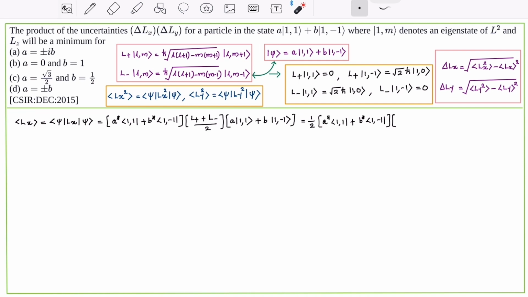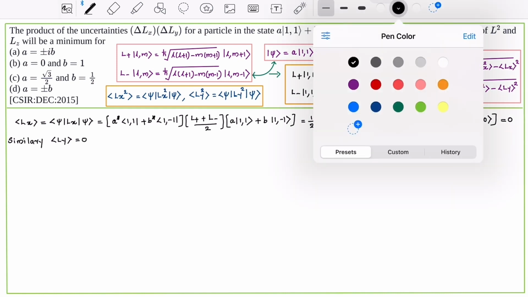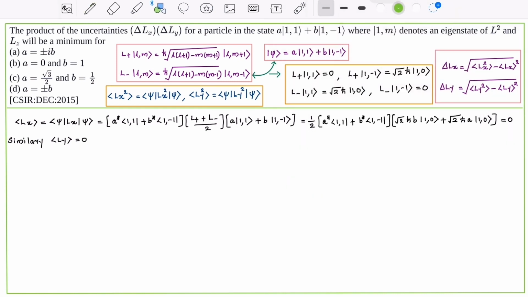The first term is L plus acting on A|1,1>, that is root 2 h bar B|1,0> plus root 2 h bar A|1,0>. And when you take the inner product, the value will become 0. Similarly, the expectation value of Ly is also equal to 0.